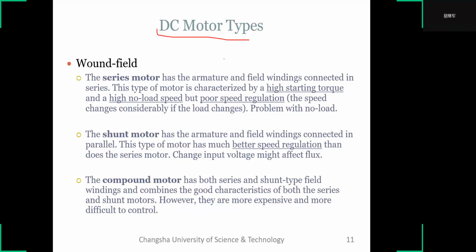DC motor types: wound field. The serial motor has the armature and the field windings connected in serial.